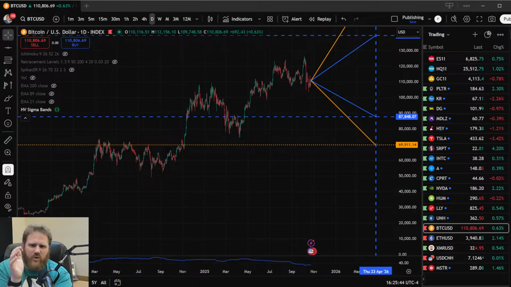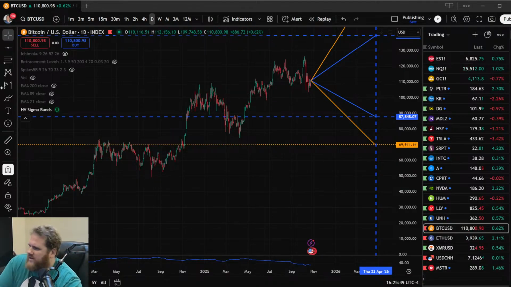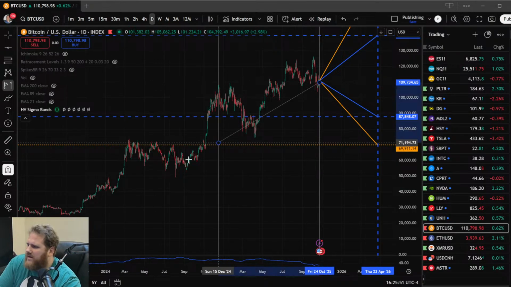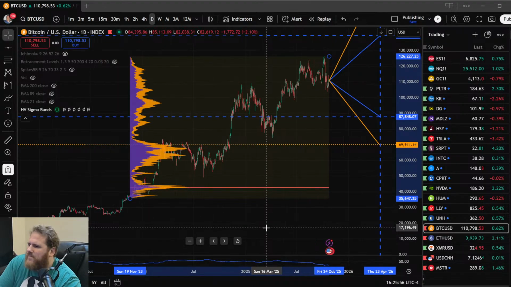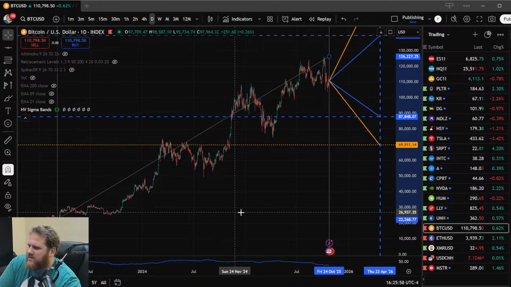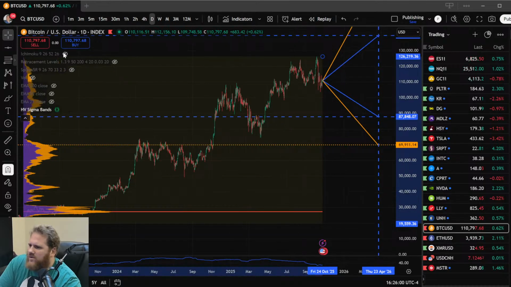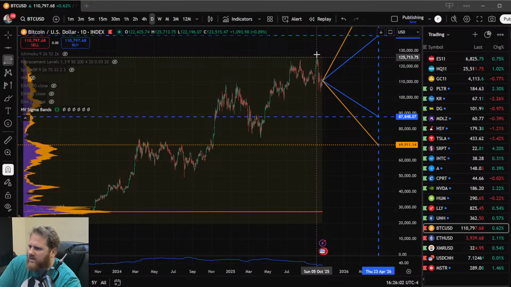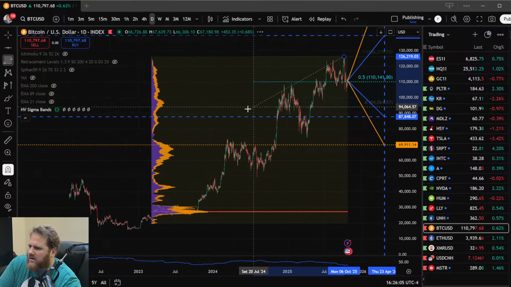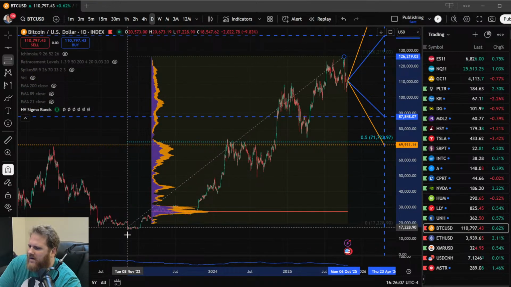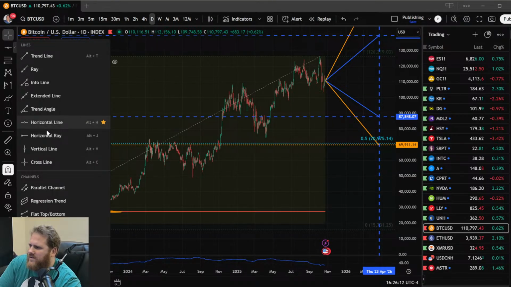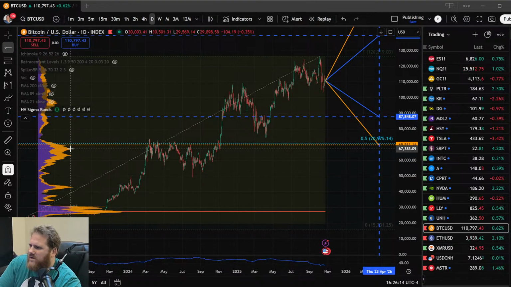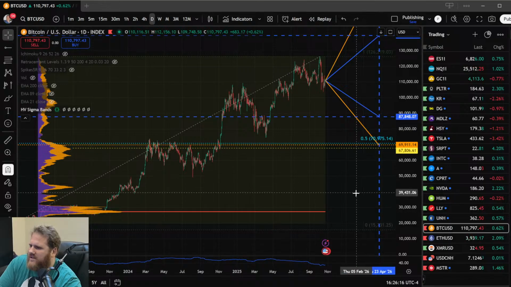But I love pullbacks. As a contrarian, I want to catch things on the pullback. What I find interesting is that if we use my other analytical techniques that I know and love, like a volume profile analysis, and even a 50% retracement from there to there, we start to get a lot of confluence around the 67 line.